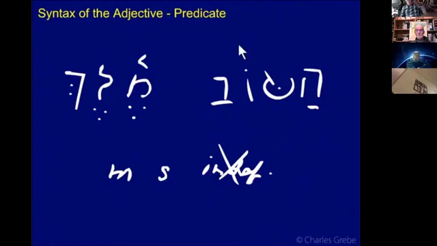If you did, this would probably be a substantive, which is what we're going to deal with in the next module, but you'd have to look at the greater context here. And maybe you wouldn't have this combination, I'm not sure. I just point this out so that we are reminded that a predicate adjective can never have the article. So, if it has the article, you can rule out predicate.